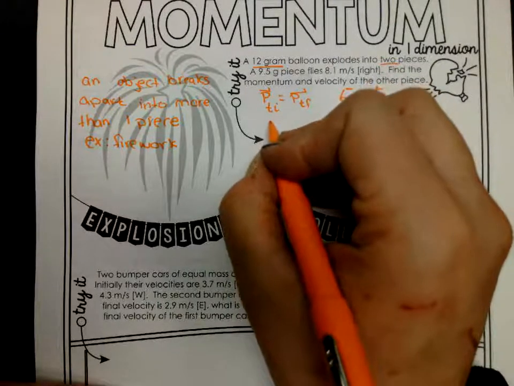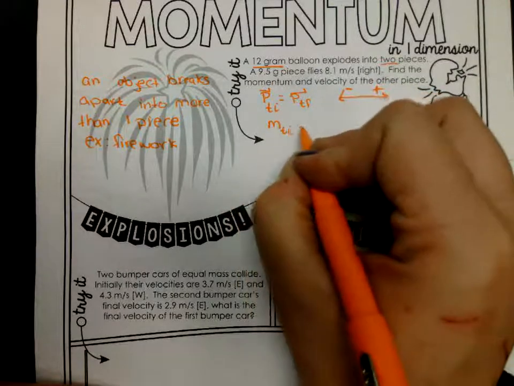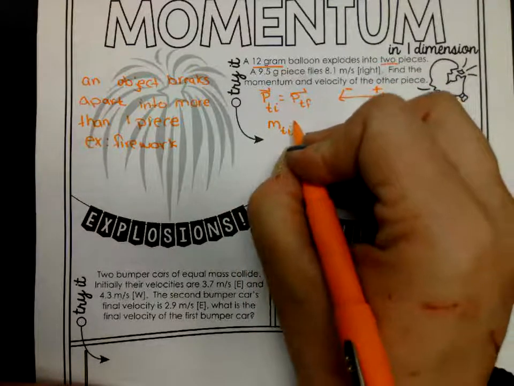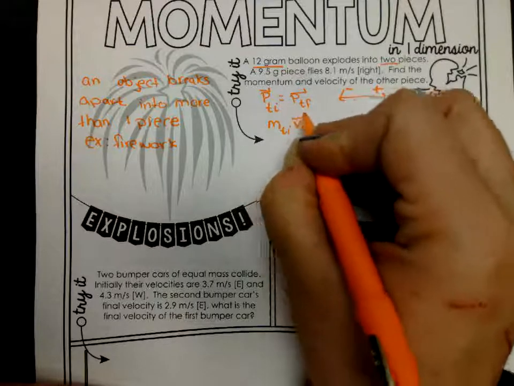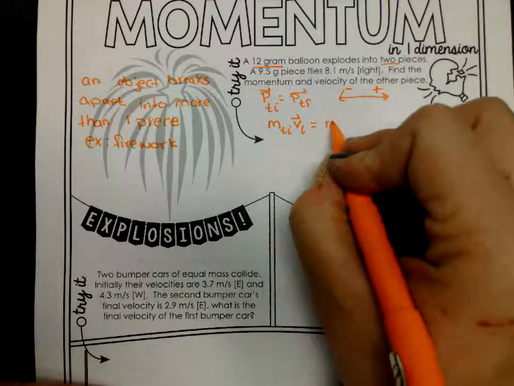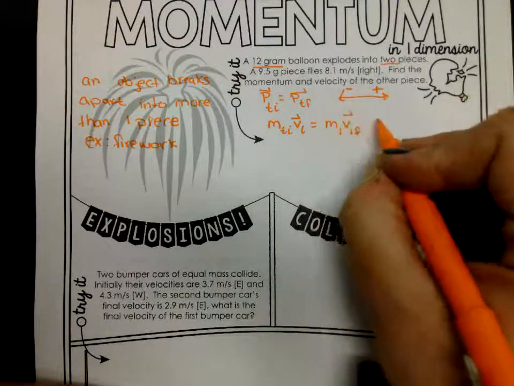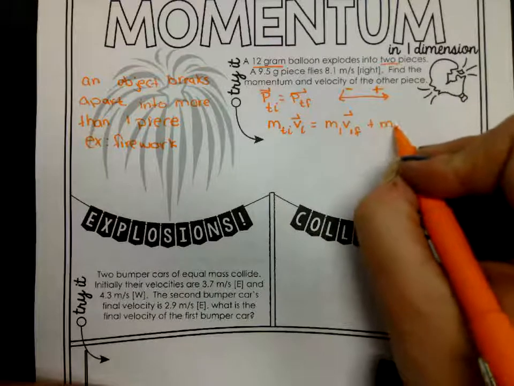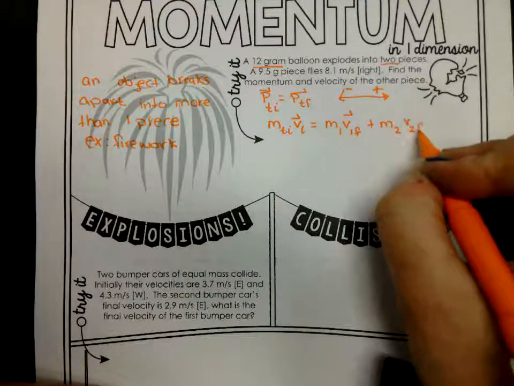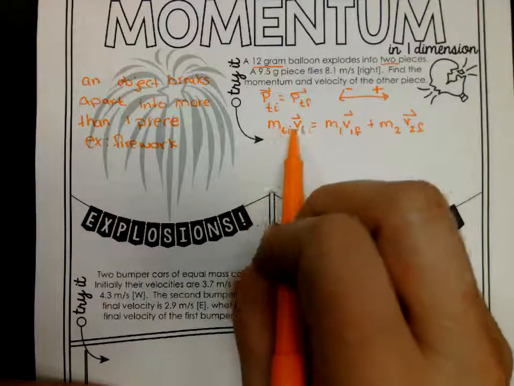So the mass total initial velocity initial is equal to mass 1 velocity 1 final plus mass 2 velocity 2 final. So all I did was break momentum down into momentum is mass times velocity.